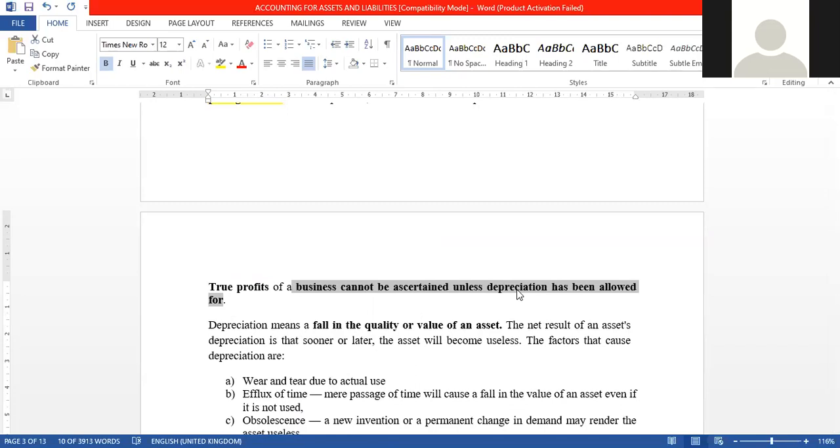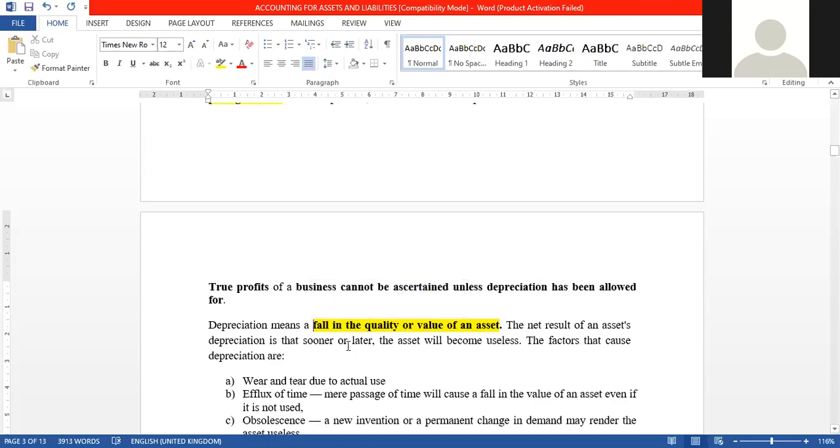In as much as there's a column for listing the actual cost, you need to get the actual value of that asset, and you can only get it by subtracting what? Depreciation. And therefore, depreciation means a fall in quality or simply a fall in value of an asset.